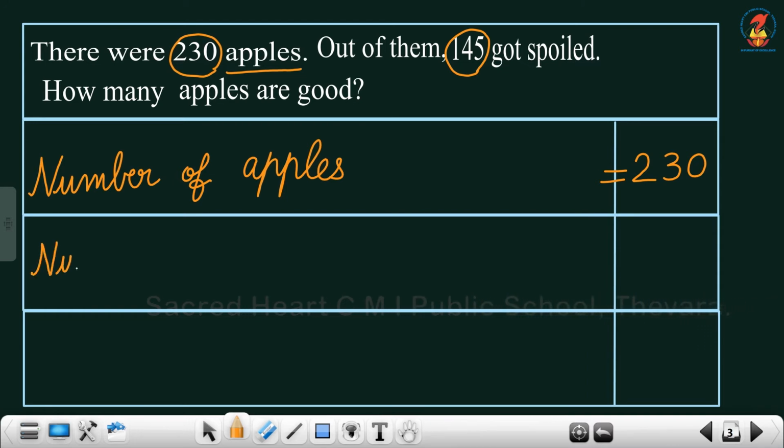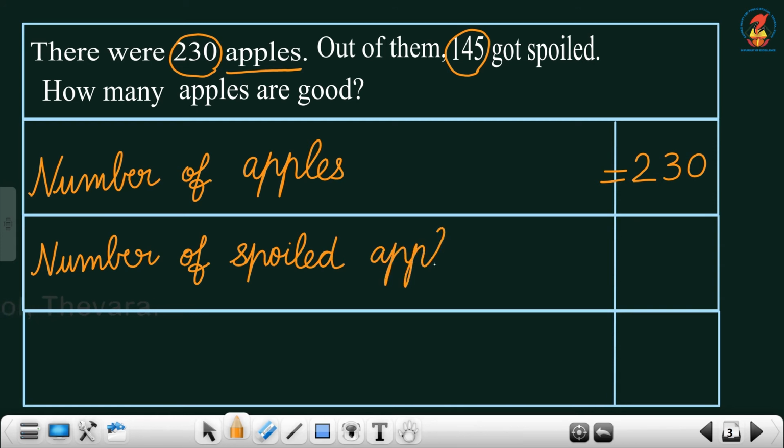So again start the second statement with number of spoiled apples. How many apples got spoiled? 145 apples got spoiled. Now what you are asked to find? You are asked to find the number of apples which are good.